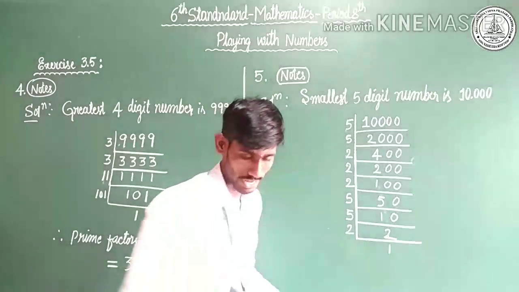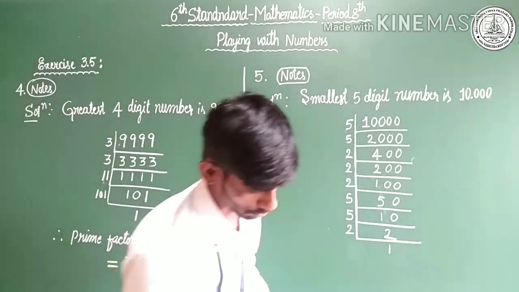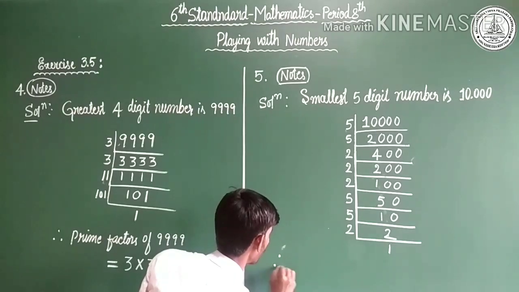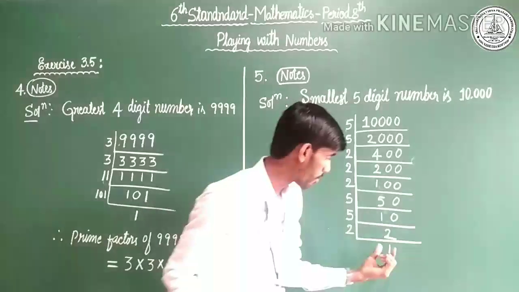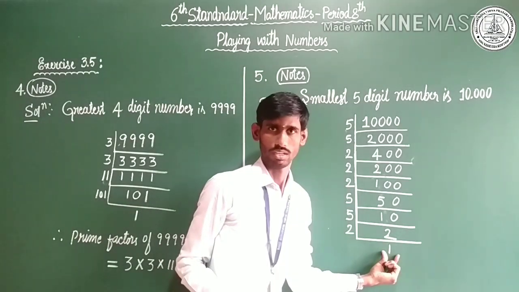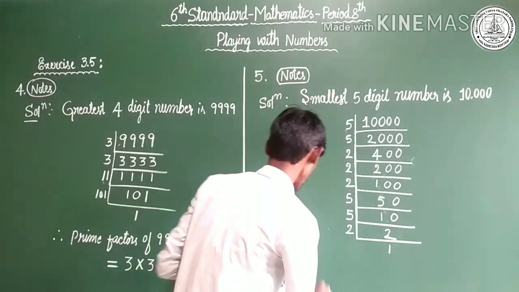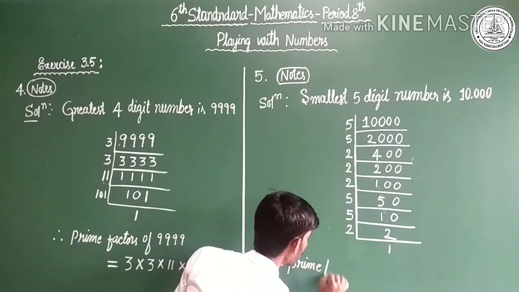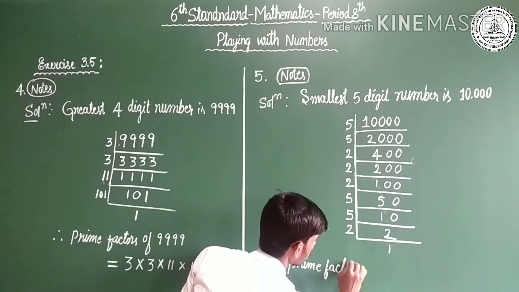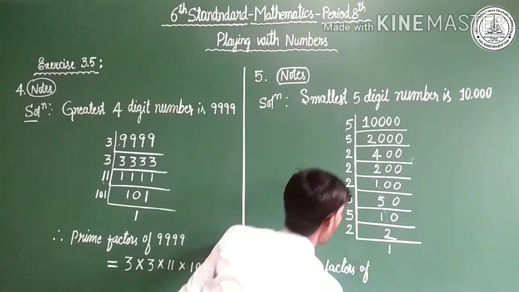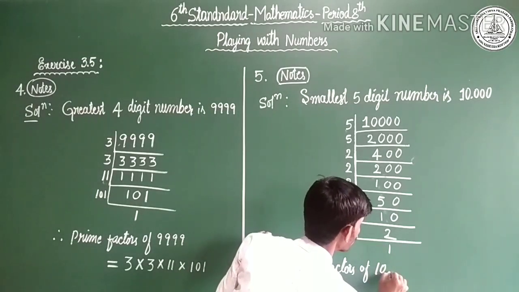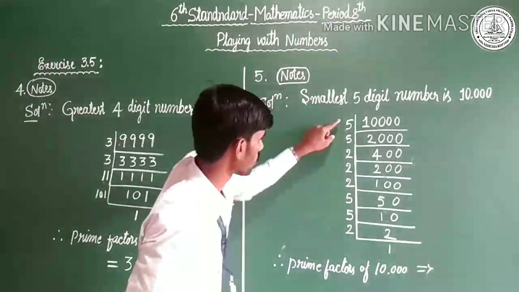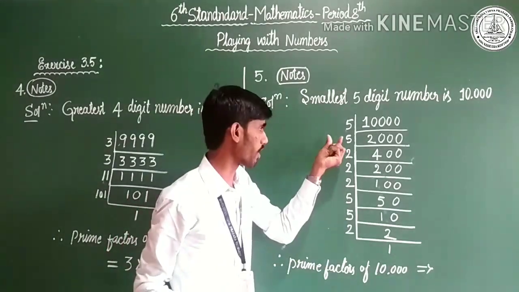Okay, let us write the final statement. Prime factors of, therefore, you stop when you get a 1. Clear? This is the clue. Prime factors of 10,000 is equal to, I'll make a group of 5s and also 2s.